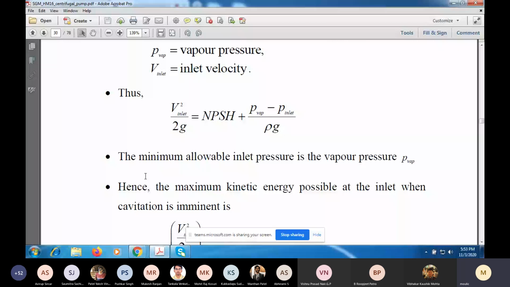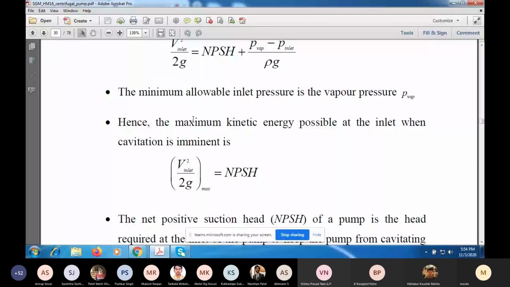Now, what is the minimum inlet pressure that you can allow such that cavitation does not occur? Well, that is the vapor pressure. So if I set P inlet equal to P vapor, then this second term on the right hand side here will be 0. And you will have the maximum possible kinetic energy at the inlet when cavitation is imminent. Cavitation imminent means inlet pressure is vapor pressure.